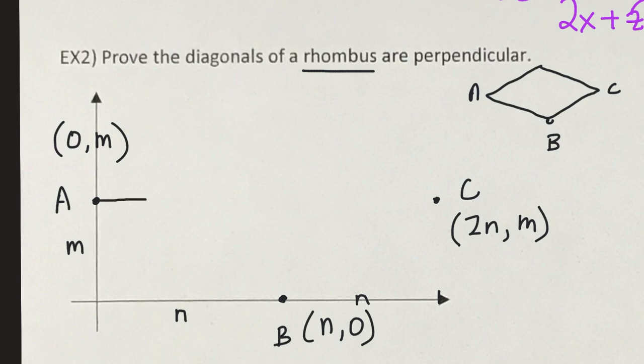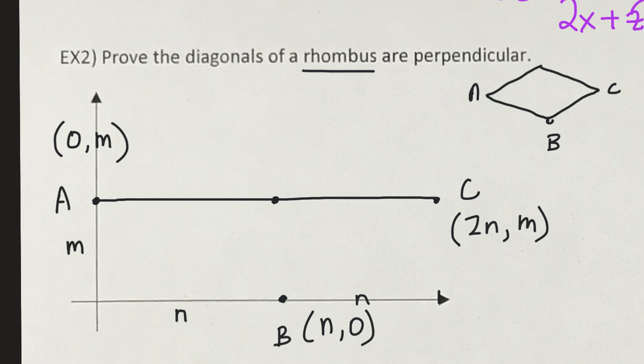To get to there, it's 2n, and then our y value is m, because we need this to be a bisector. One of the properties of all parallelograms is that the diagonals bisect each other. So the length from A to the middle needs to be the length from the middle to point C. In order for it to be a rhombus, that has to be bisected. So that's got to be the middle, which is why that's 2n.